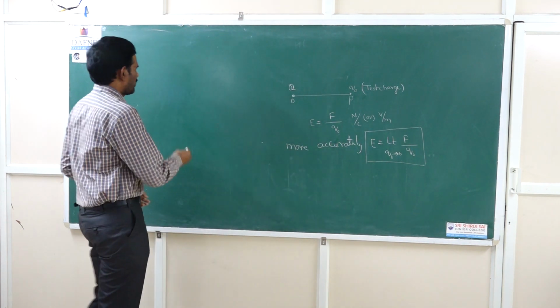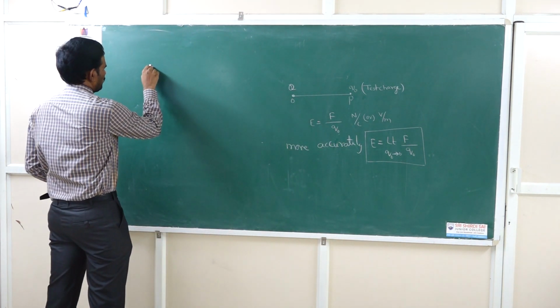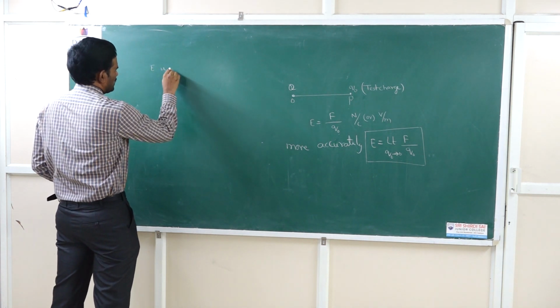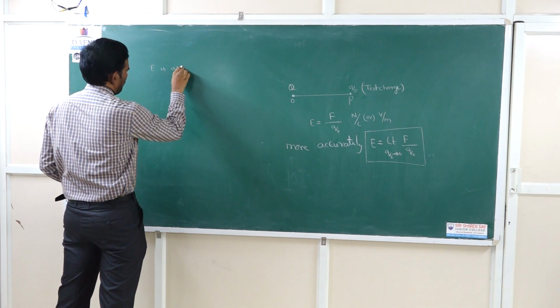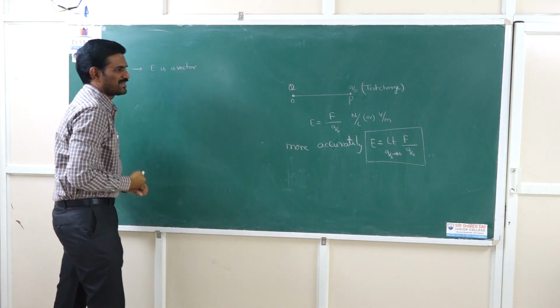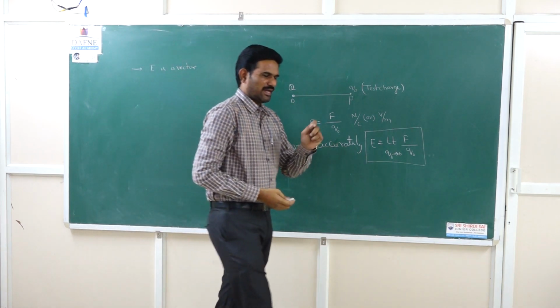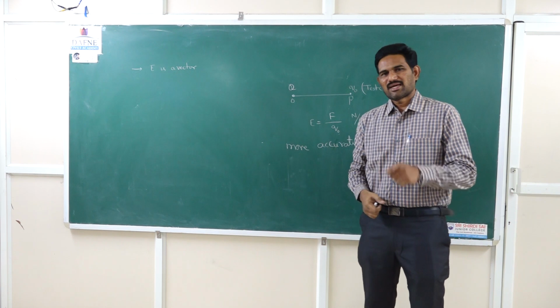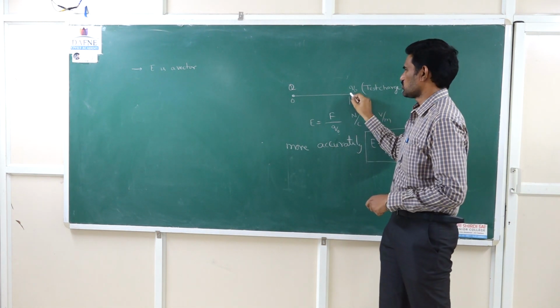That means it is a vector quantity. I am representing it as E. E is a vector, and its direction at any point is the direction in which a unit positive charge tends to move.